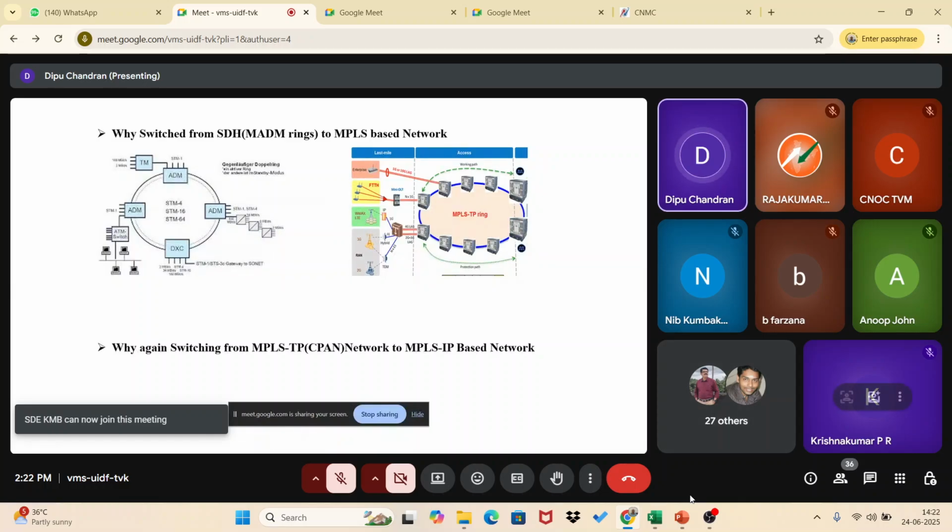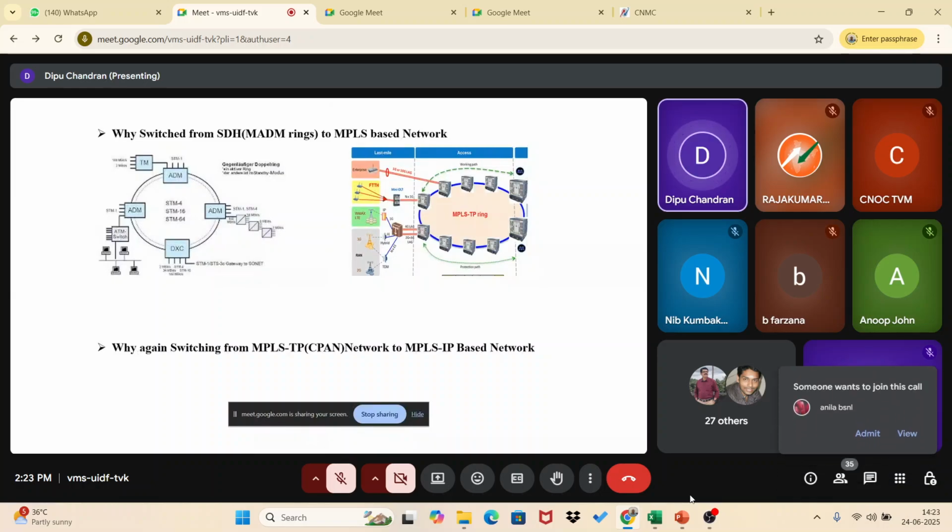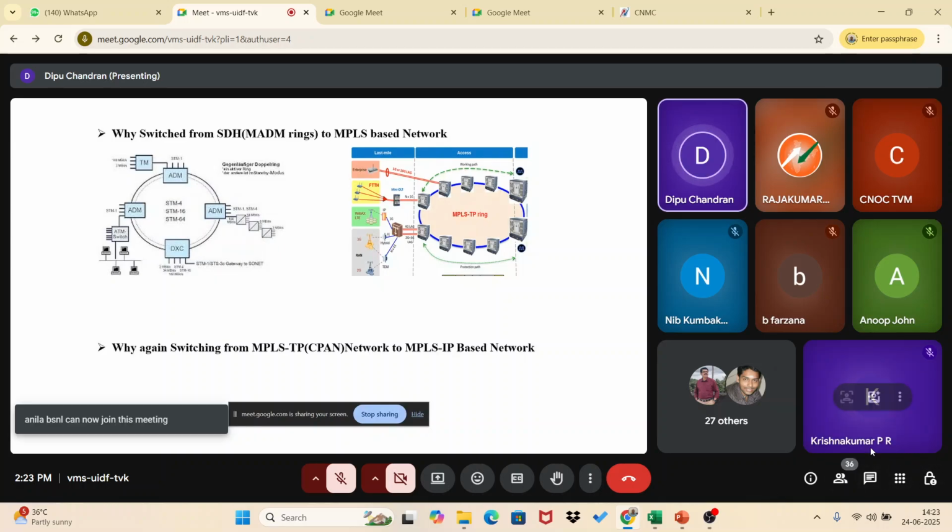In SDH, whatever we configure, say I am configuring 1G bandwidth for one LCO, I have to spare 7 STM1. Whether he uses it or not, I have to always keep these 7 STM1 for that LCO. I am creating a 1G link for him, and as I am offering him 1G bandwidth, I have to keep it statically for him.